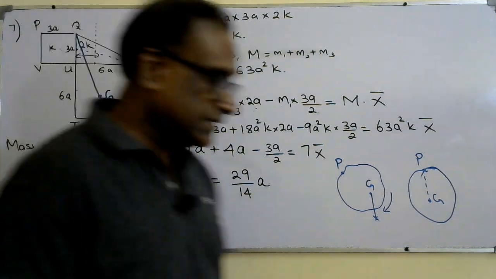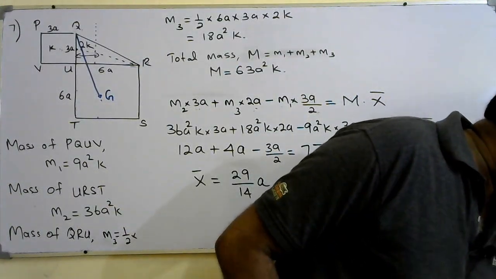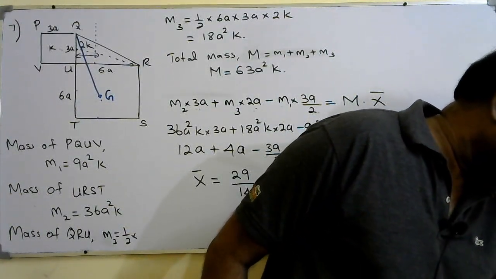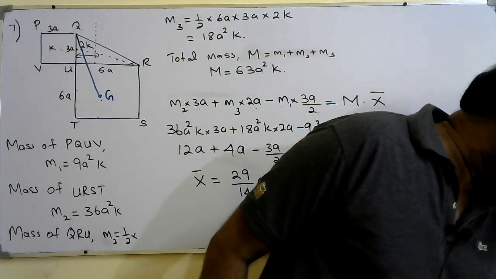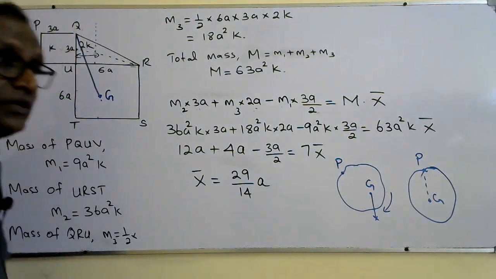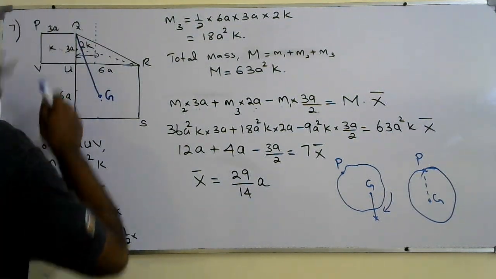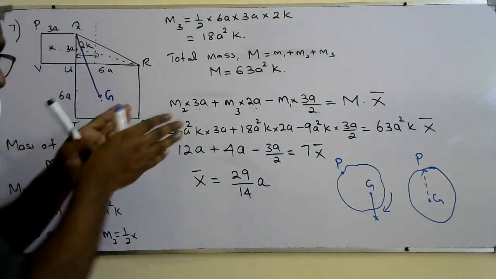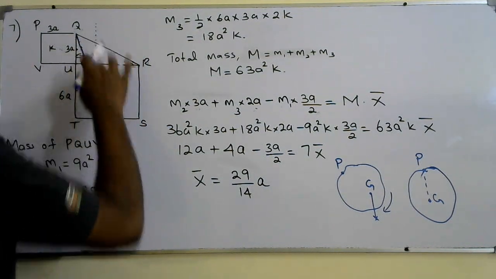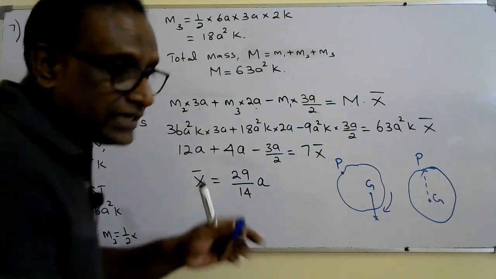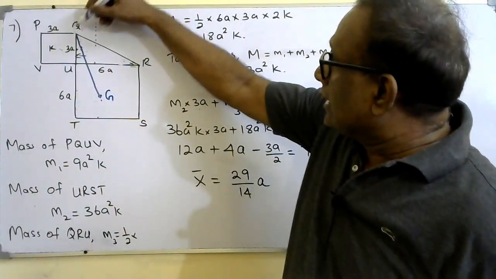They are asking to find the angle when the lamina is freely suspended from the point Q and hangs in equilibrium with QR at theta to the downward vertical. So QR at theta with the downward vertical means which line is going to be the downward vertical? The downward vertical is QG.